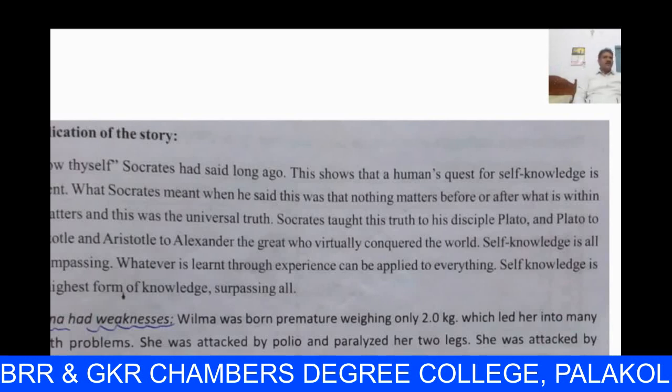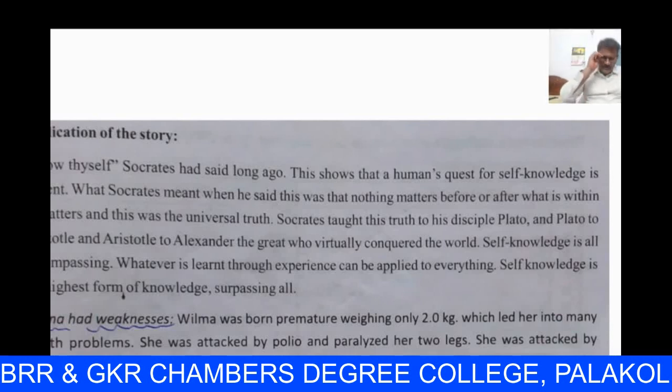And Aristotle is also a great person. He taught this universal truth to his disciple Alexander. Many of you know the name Alexander. He is the conqueror of the world. He is a great person. See, knowledge passes on year after year, person to person. It's a continuous process.